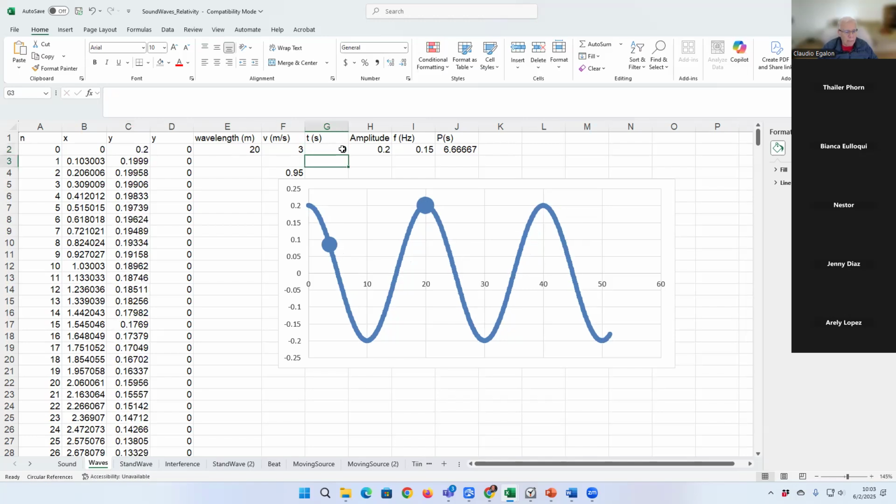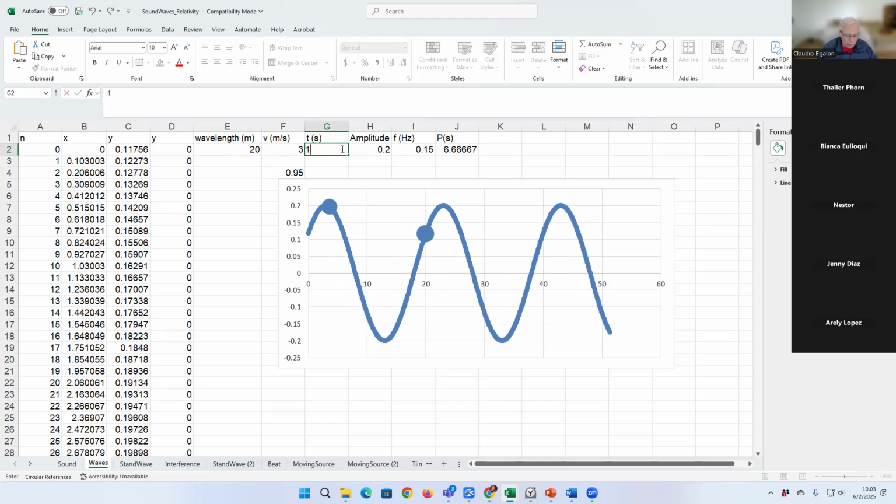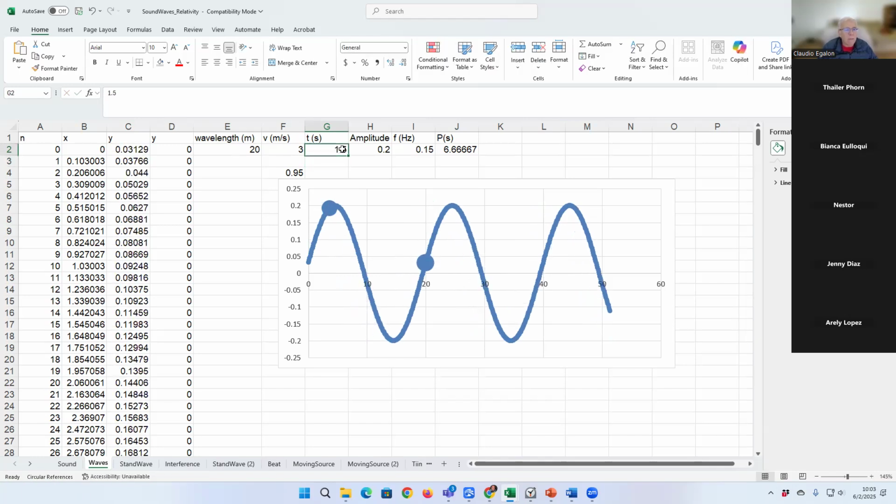And let's see if we can animate this wave now. 0.5, every 0.5 seconds. See, it's propagating in the forward direction, right? 1.5. And watch out for those 2 points that I have here. Those are points of my wave, like a string, for instance. You get one end of the string and keep on moving it up and down.